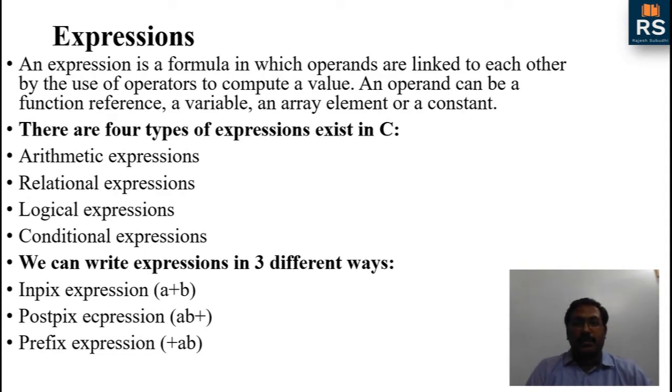If it is a postfix expression, the operator will stand after the operands. That means AB plus. Similarly, in prefix, the operator will stand before the operands, like plus AB. So a single expression can be written in three different ways: infix, postfix, and prefix.